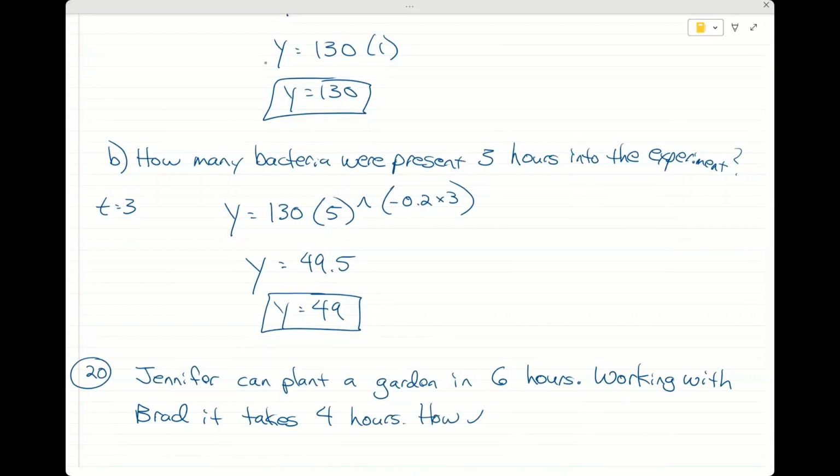How long would it take Brad working by himself?